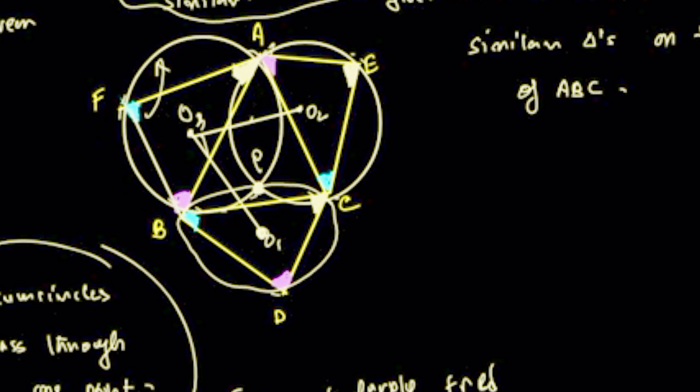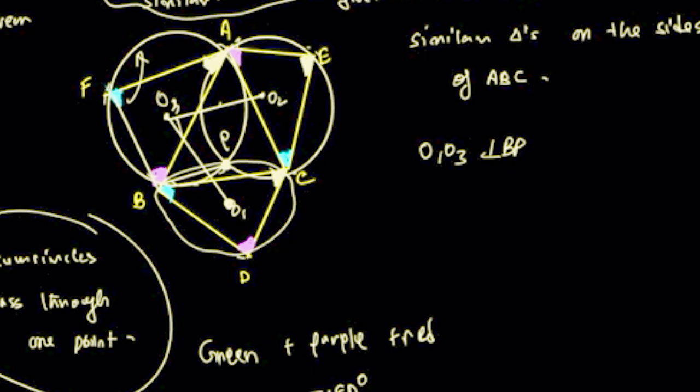If this point is P, then we can say that O1, O3 is perpendicular to BP. And let's join AP as well and CP. So let's call this point X.